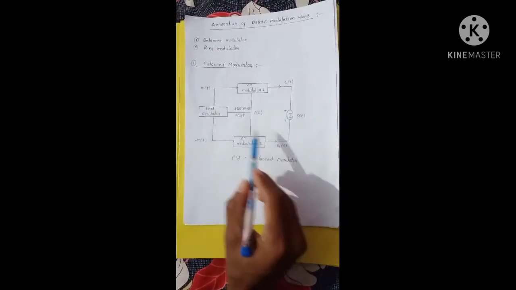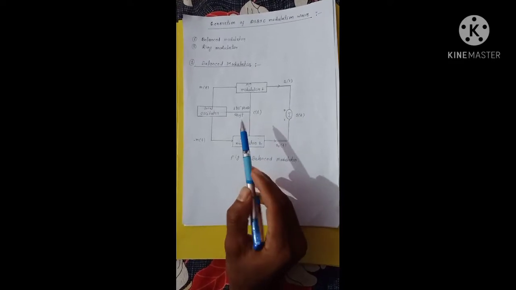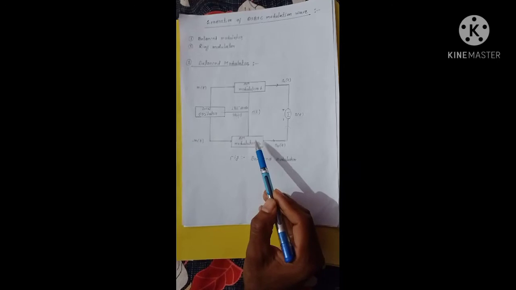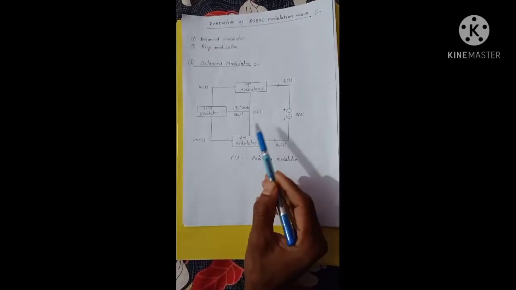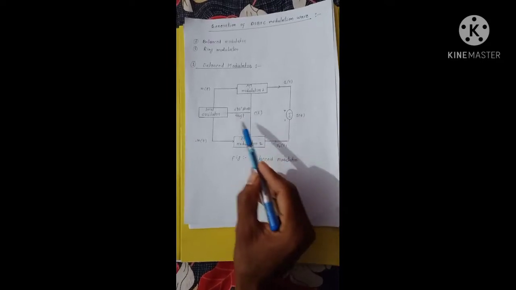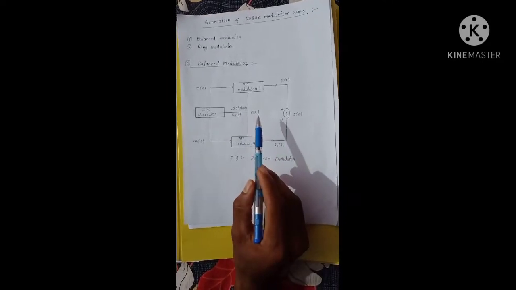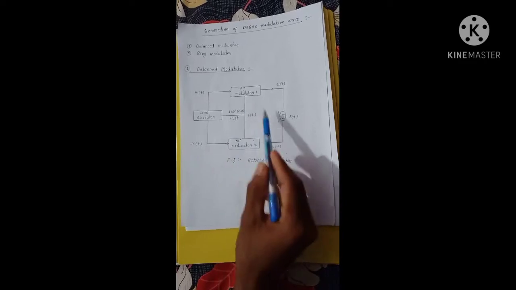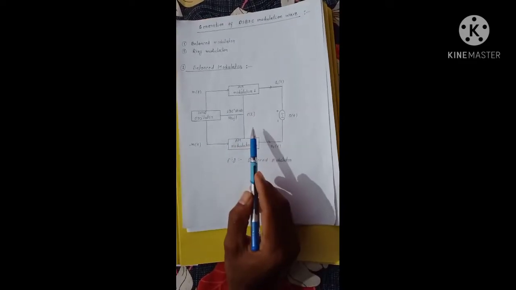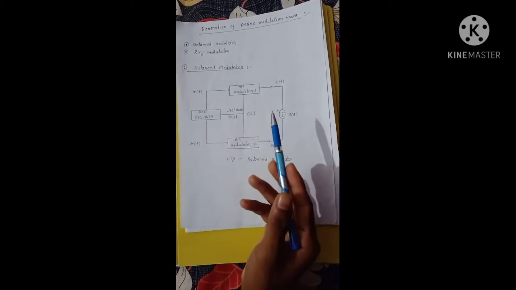The balanced modulator consists of two AM modulators, first and second. These two modulators are connected in a balanced configuration in order to suppress the carrier signal, hence it is called a balanced modulator.